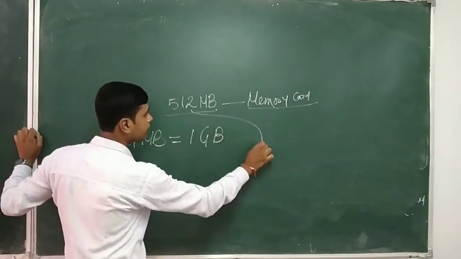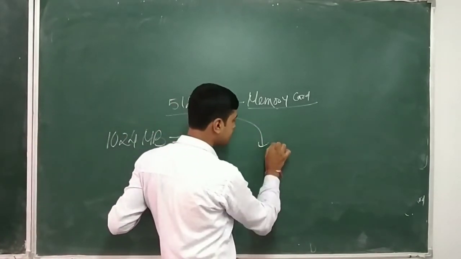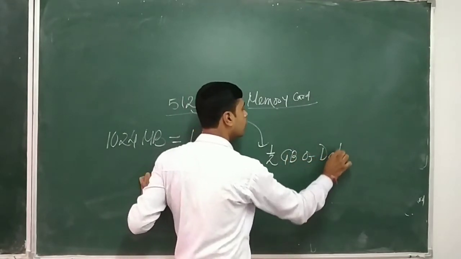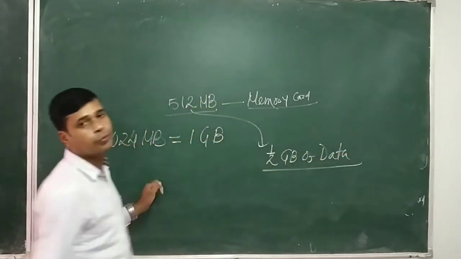Therefore, 512 MB means it occupies half GB of data.